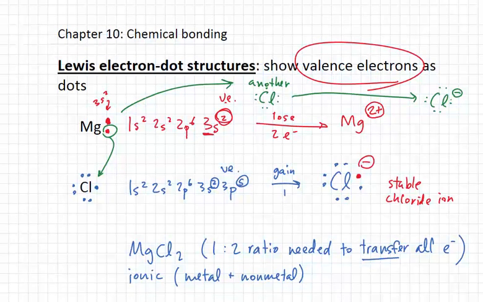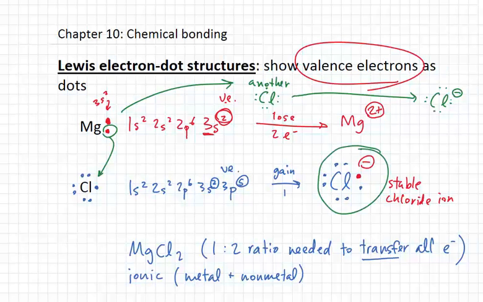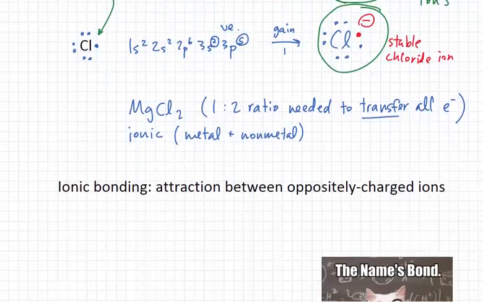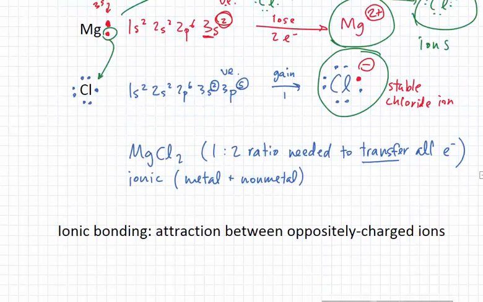It's however many we have to give away have to be accepted by an appropriate number like that. So what I really wanted to show you here, these are the ions that we formed. And ionic bonding is actually the attraction between those oppositely charged ions. So here, let's draw the magnesium right here.